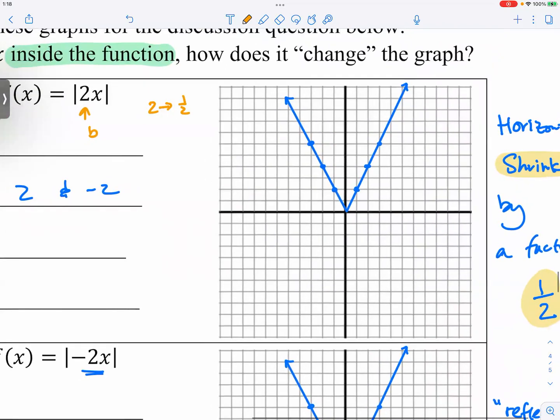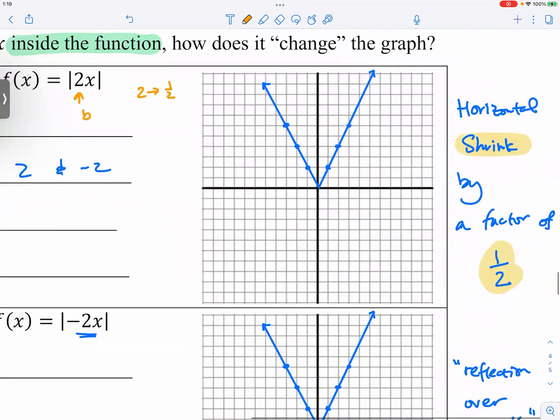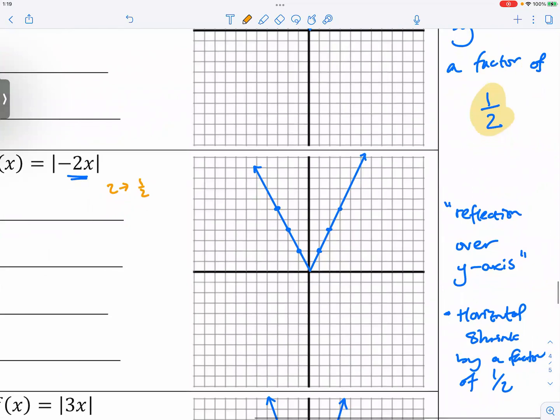So next one, if it is 2 right here, you also have a 1/2 number, but then there's a negative here as well. So we have 2 things going on for the second graph on this page. First, you have a reflection over the y-axis, but it's already symmetrical to the y-axis, so you don't really see anything new.